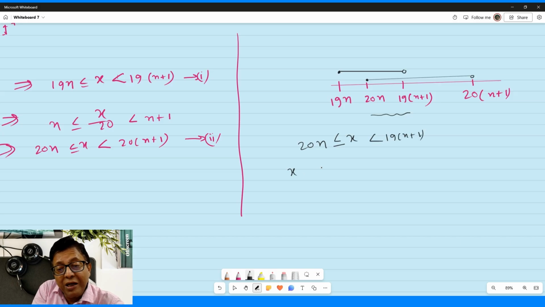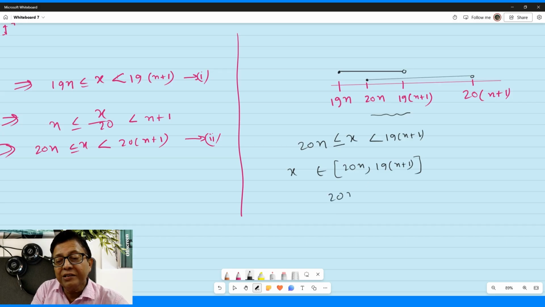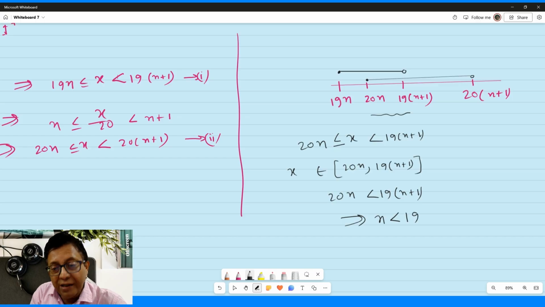So x must belong to this interval, 20n comma 19n plus 1. Now, this interval will be valid if 20n is less than 19n plus 1. Hope you understand. This implies n less than 19. Am I clear? Even if it is equal, then no solution will match.